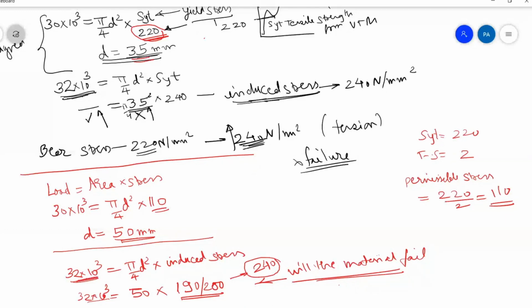Even after the load is increased because of any reason, the induced stress increases from 110 to 190, maybe 200, maybe 220, maybe even up to 240. Then also it will not fail. Only if it exceeds beyond 240 will the material fail. So this is the need of factor of safety, and this is how we design a part.